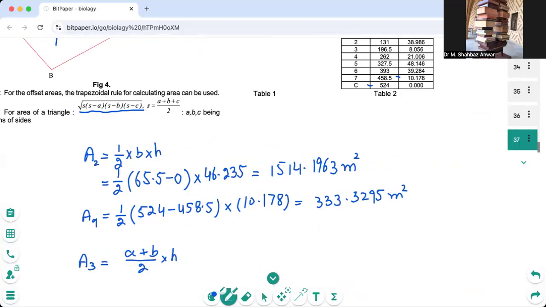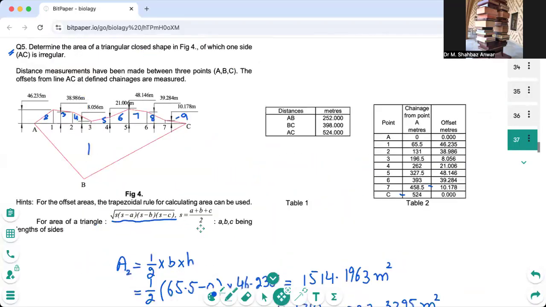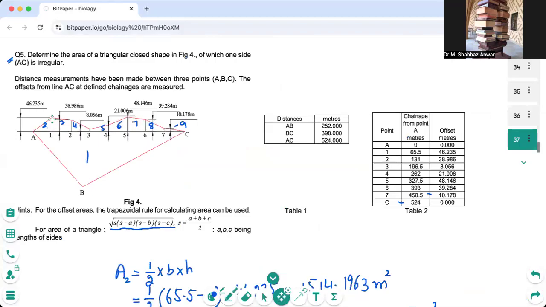Okay, now if I use the given values for A and B, you can see that A is the height at point 1, and B is the height at point 2. In this table, we will use this height and this height as A and B for our trapezium number 3. Then the distance from point 2 to 1 will be 131 minus 65.5.